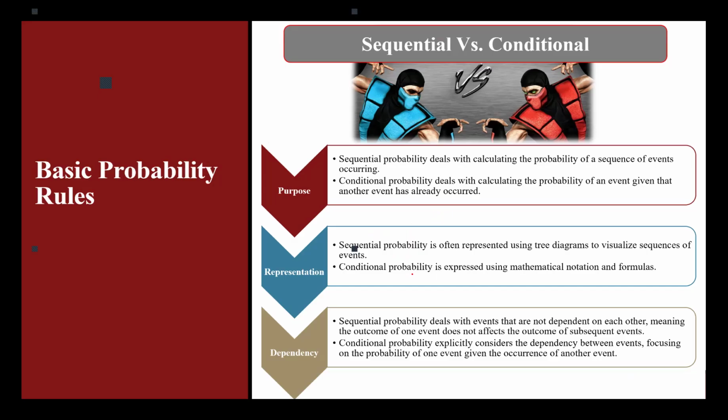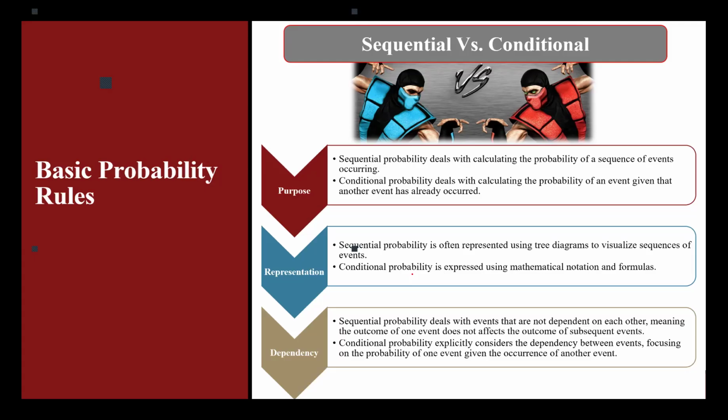Now, we talked about the sequential probability and the conditional probability. What is the difference between the two? The purpose of sequential probability is calculating the probability of a sequence of events happening, and they do not affect each other.